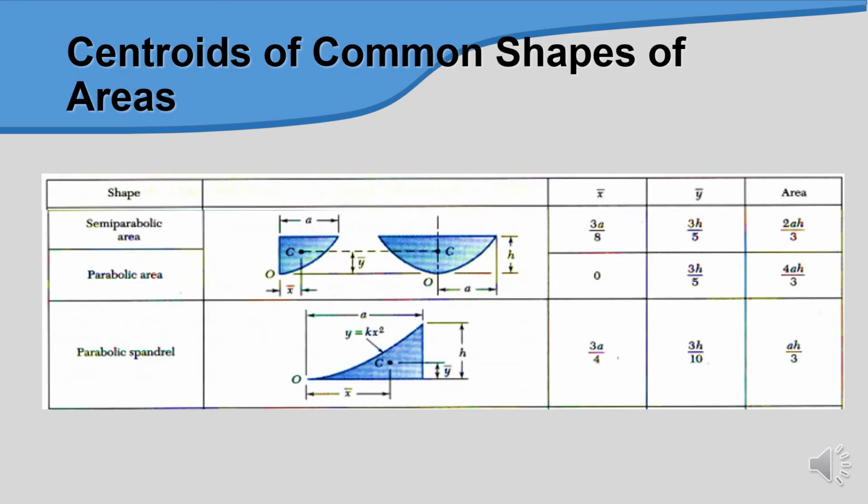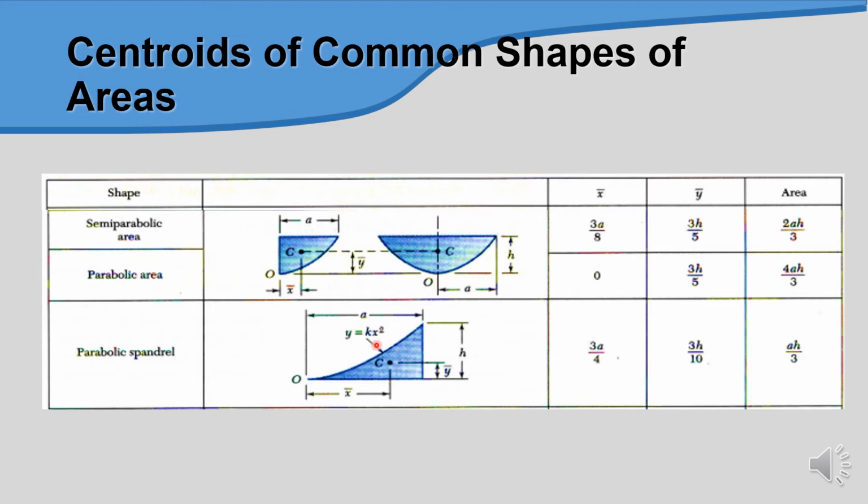It also applies to this parabolic area, the parabolic spandrel, where you can see the function is required, where y equals kx squared.